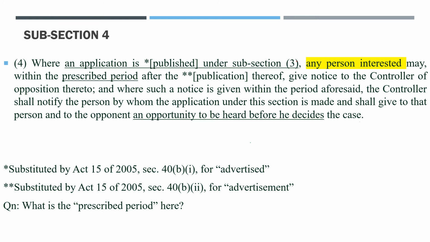Also friends, my question is, please find out what is the prescribed period and answer me in my comment box. Next, the controller then notifies the applicant and the opponent and gives an opportunity to be heard before giving any decision. This is the simple meaning of subsection 4. I think it is pretty much clear now, so we can proceed to the next subsection.